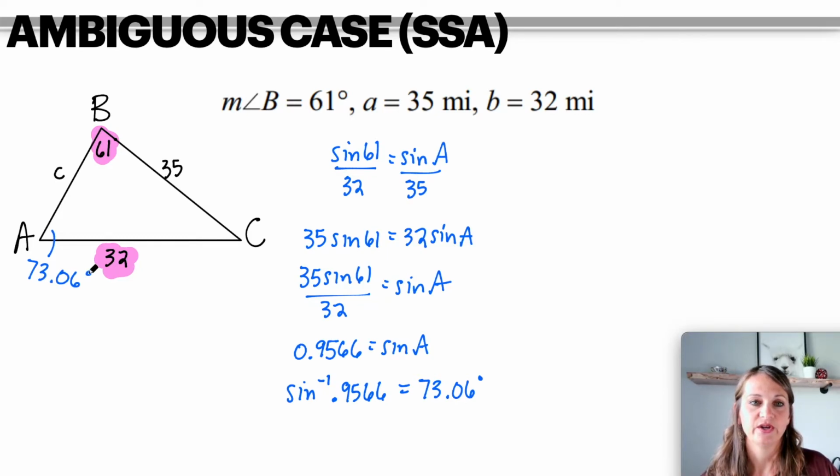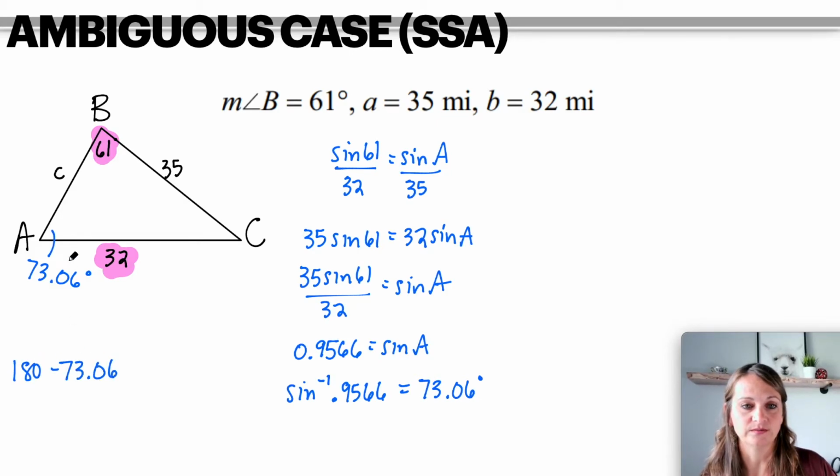Now, what we want to know is, could it have swung out in order to be a different angle? So here's what you determine. The first step in determining an ambiguous case is you subtract that angle from 180 degrees, and you will get 106.94 degrees.